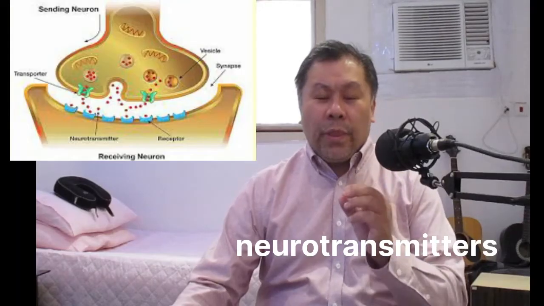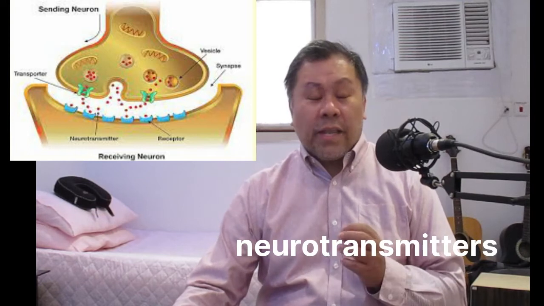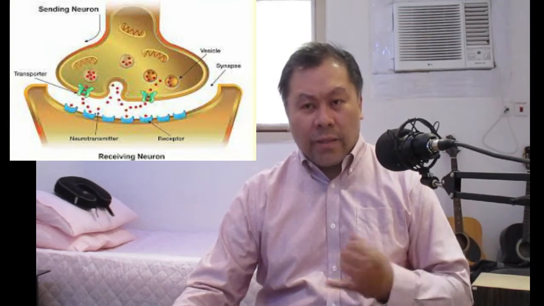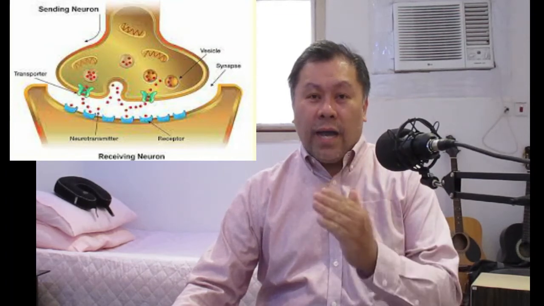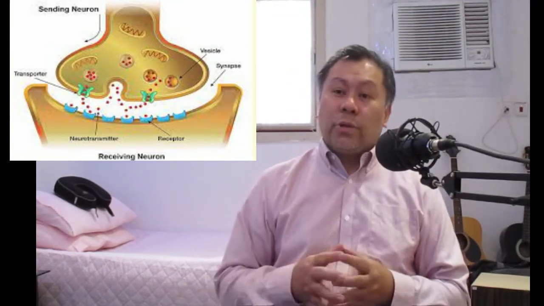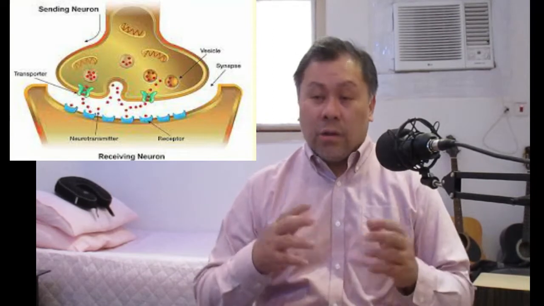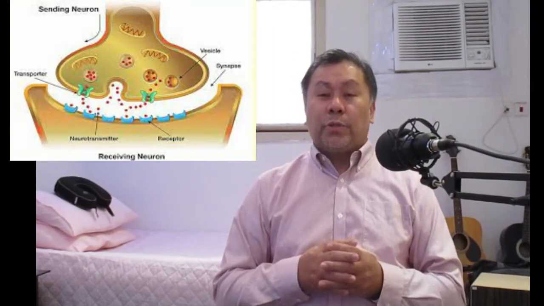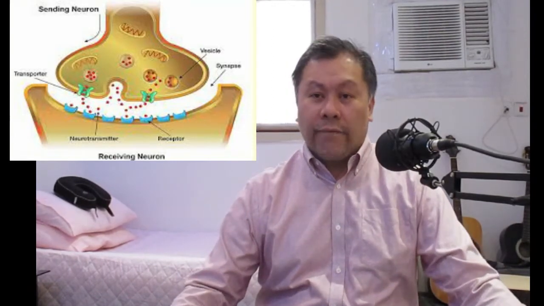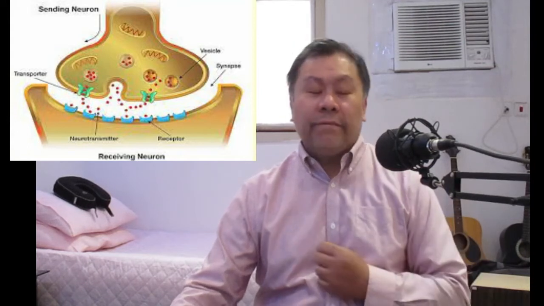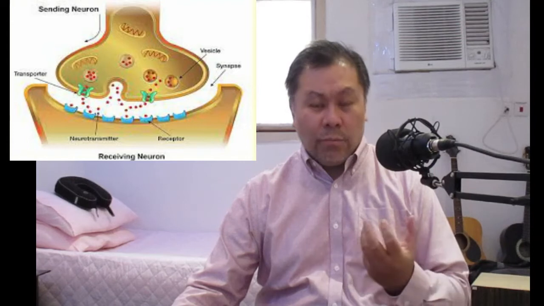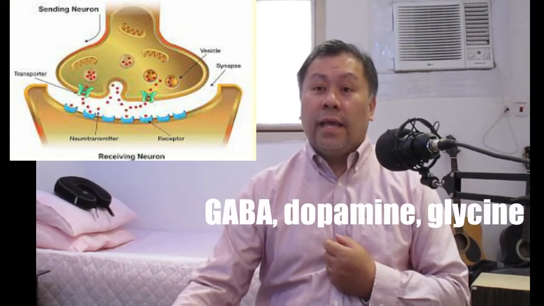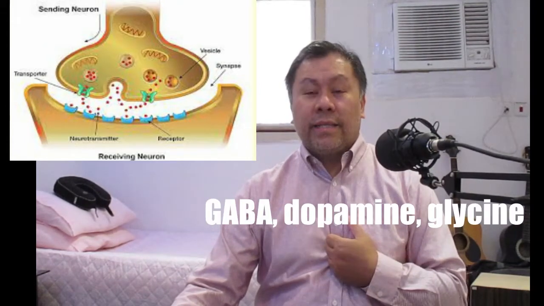Now, there are three levels: the lower level, middle level, and the highest level. A somatic motor activity that controls the cerebral cortex for execution is the lower level. And we have the GABA. GABA is gamma-aminobutyric acid, dopamine, and glycine.